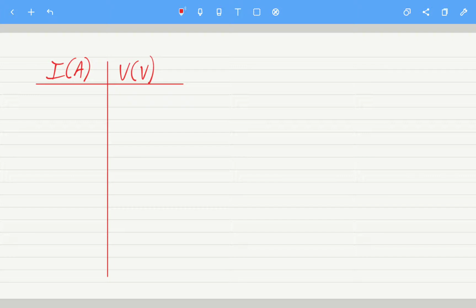Typically for a resistor, depending on the value of the resistance, you might go between say +6 and -6 volts. So +6, 5, 4, to 0, and then go the other way, -1, -2, -3, until you get to -6.